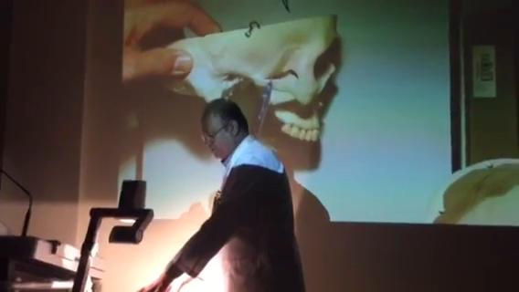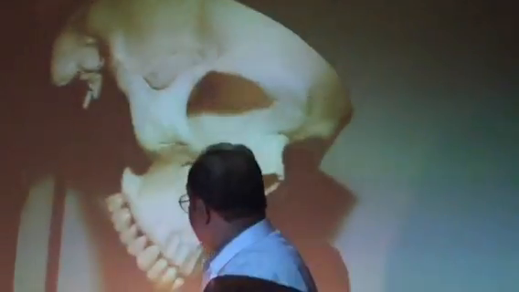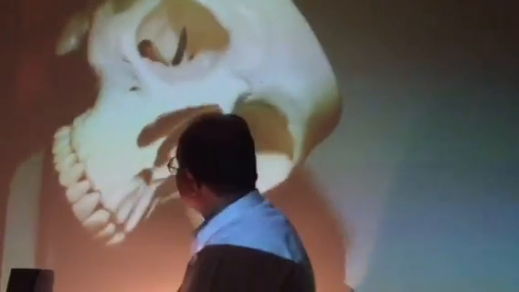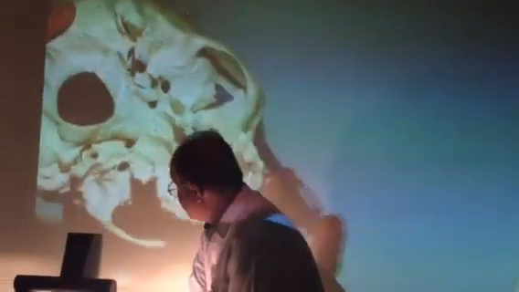Any other communication which you know? Does it communicate with the orbit? Yes, with the orbit, through a fissure known as the infraorbital fissure. If I put the pencil here, you can see this pencil is coming into the infratemporal fossa.